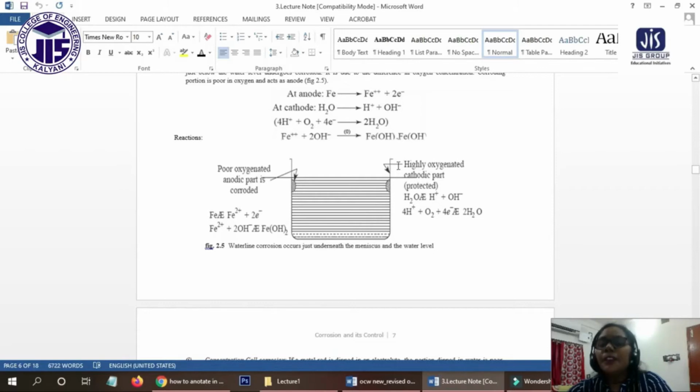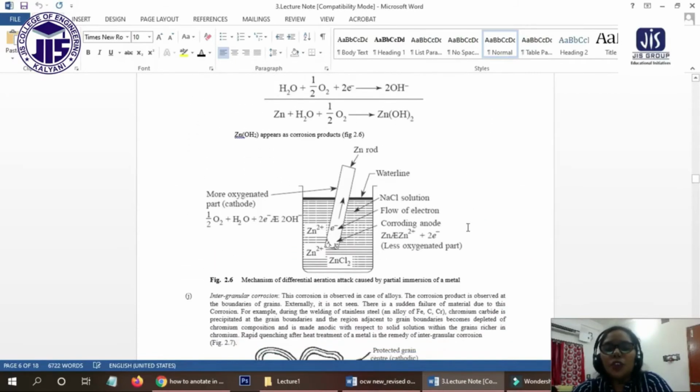That means on the same metal surface we have a difference in oxygen concentration. This difference in oxygen concentration will cause the corrosion. The corrosion will take place just below the water level. That is why it's called water line corrosion. Okay, so this is another type of corrosion.